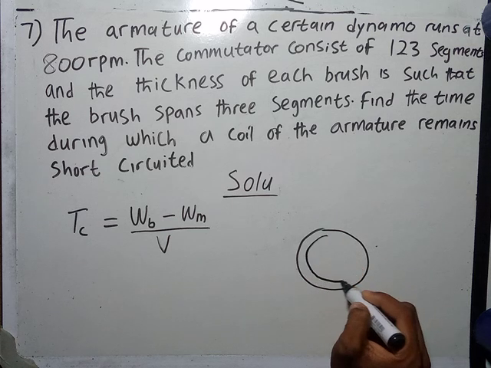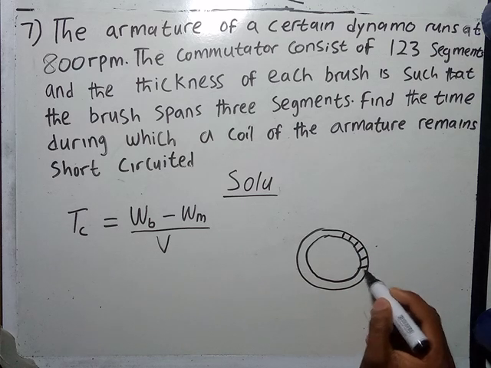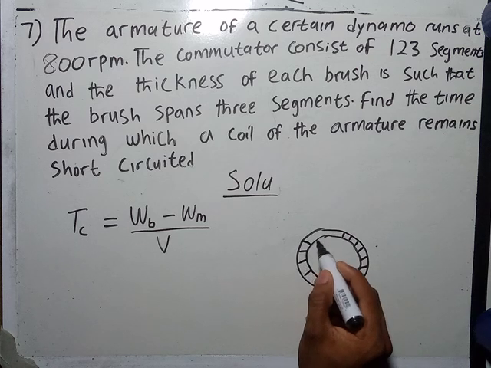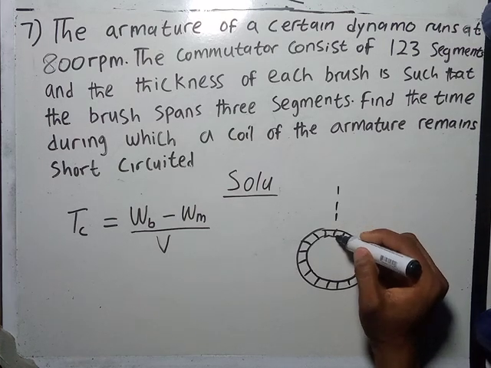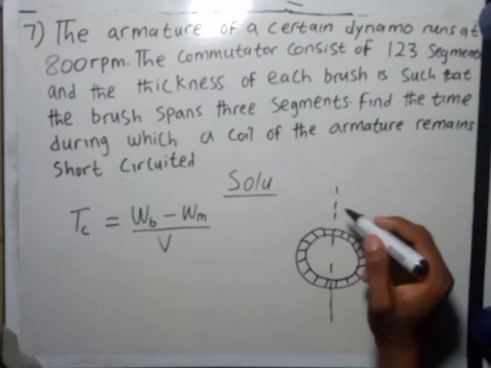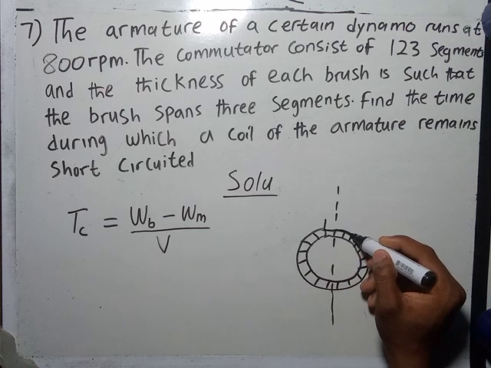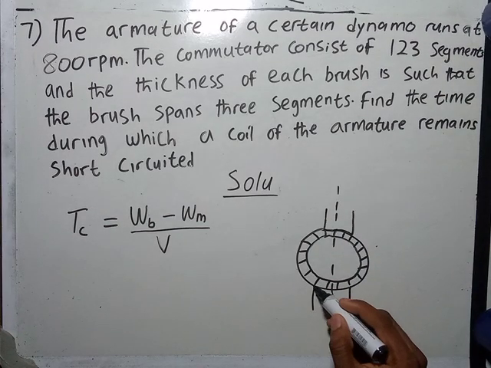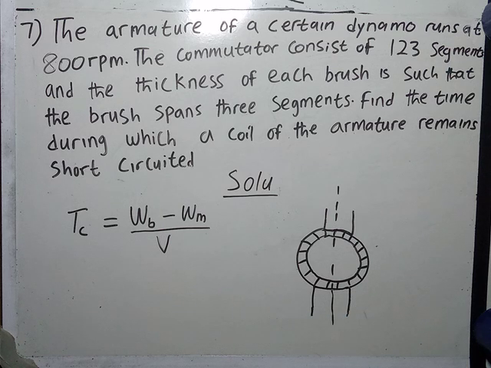Now, let's say this is our commutator having each segment, 1, 2, 3 in number, and we know that at the magnetically neutral axis, that is where our brush normally used to be, they're telling us that our brush covers about 3 segments.